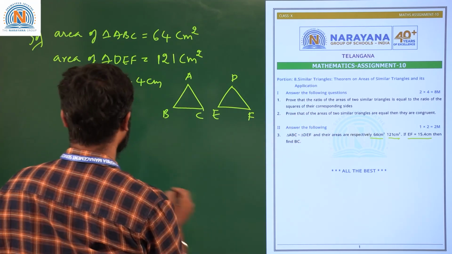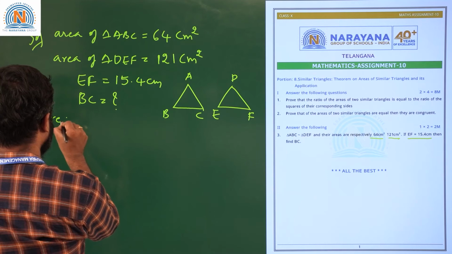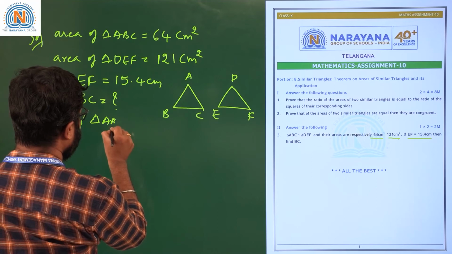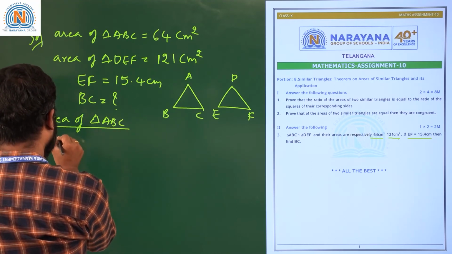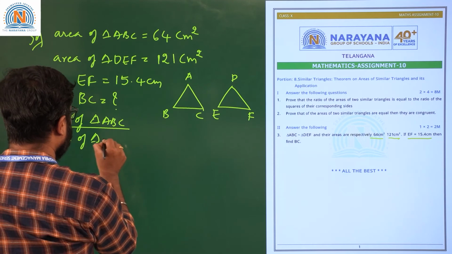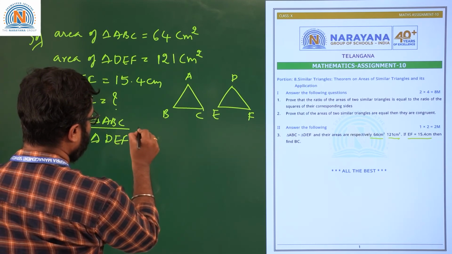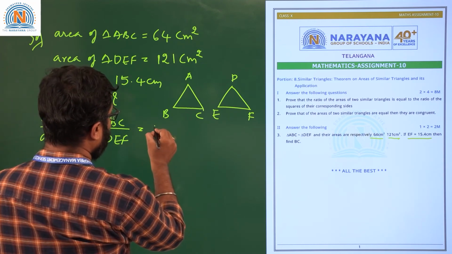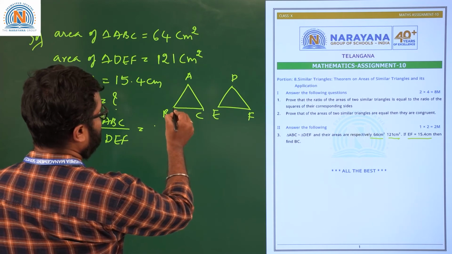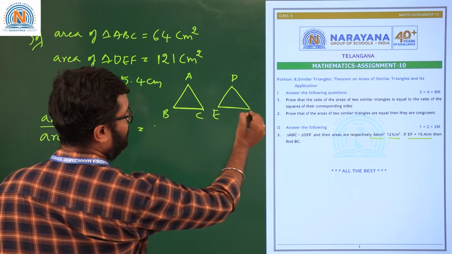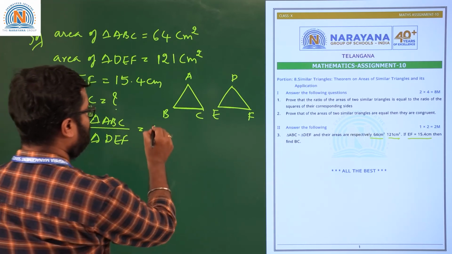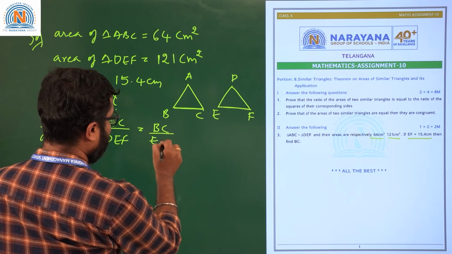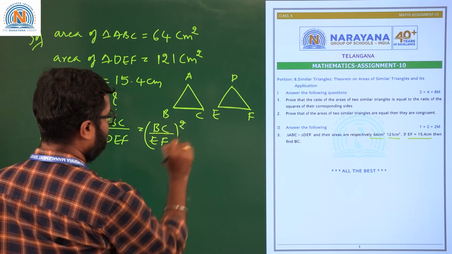So the ratio of area of triangle ABC by area of triangle DEF is equal to what, children? Let's take BC and EF corresponding sides. Why? Because we need to find that one. So BC by EF whole square, isn't it?